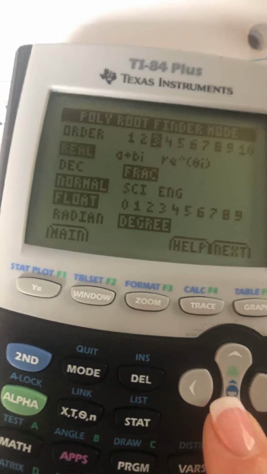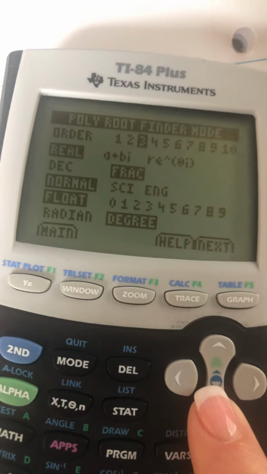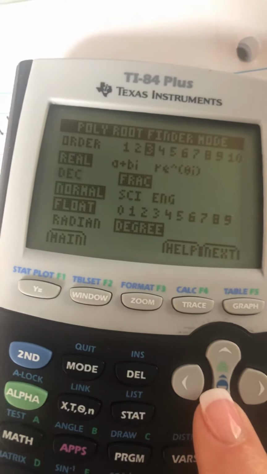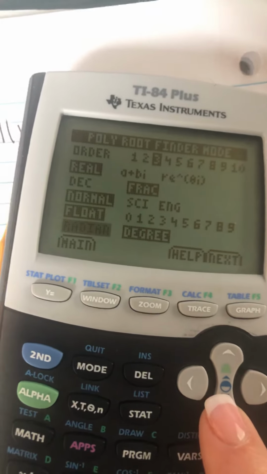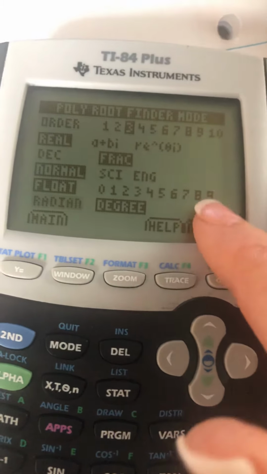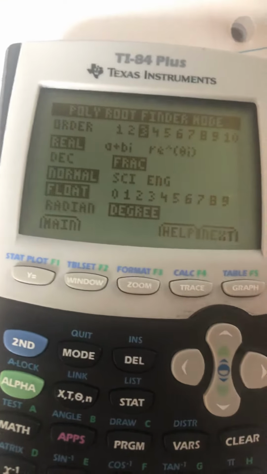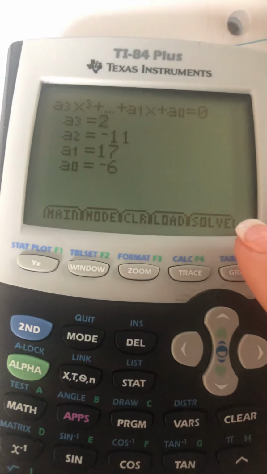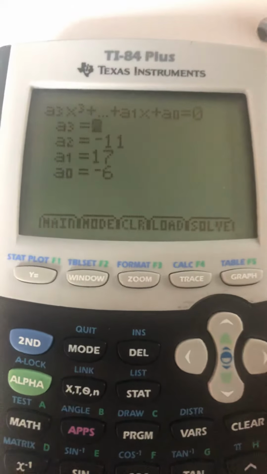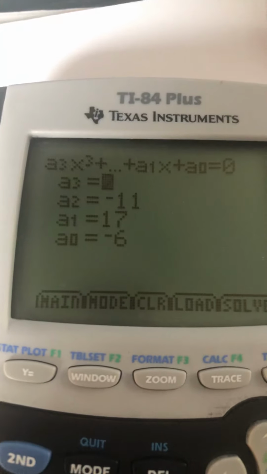Okay, so 3's already chosen. It's going to be real, not complex. Here it's asking, do you want your answer decimal? We're just going to keep fraction, and we're in degree. So right here where it says next, I'm just going to hit the graph button to indicate that I want it to go to the next page. Now I've already got it typed in, but it's saying A3 is 2 because that's your x cubed.